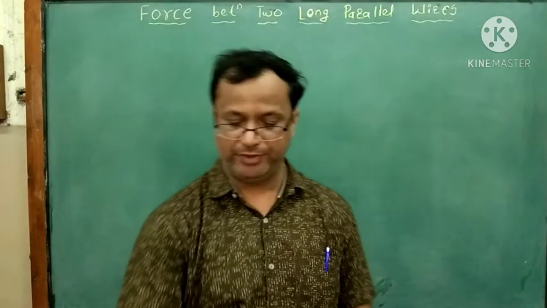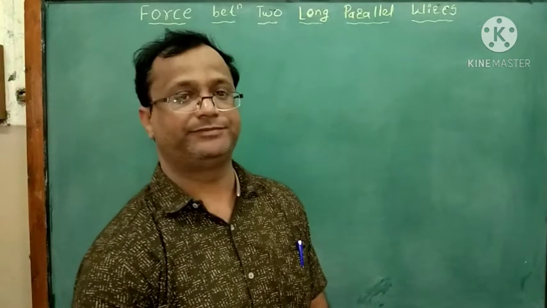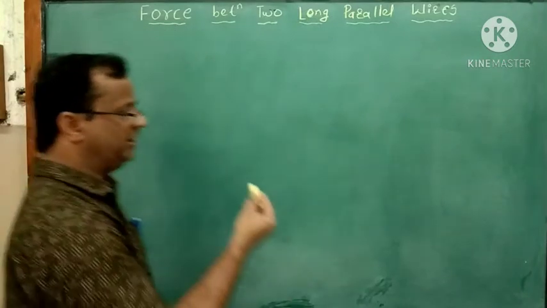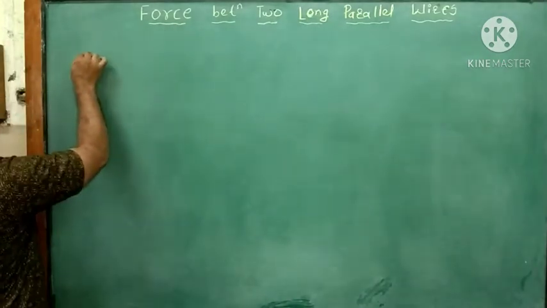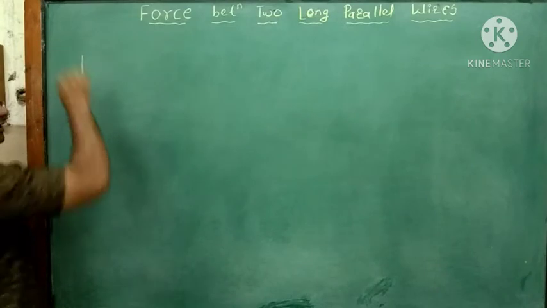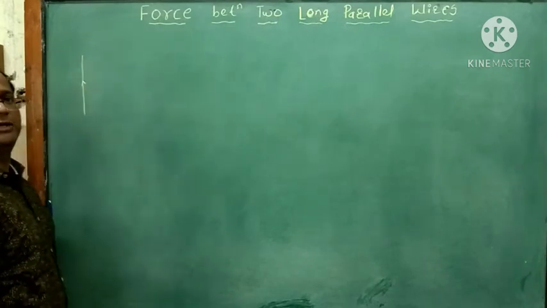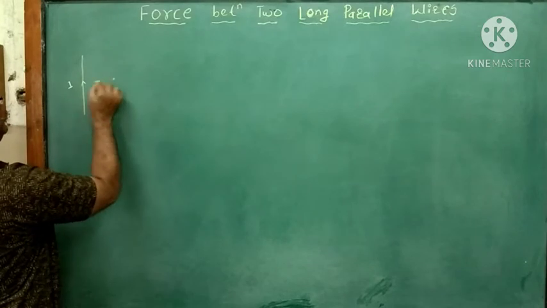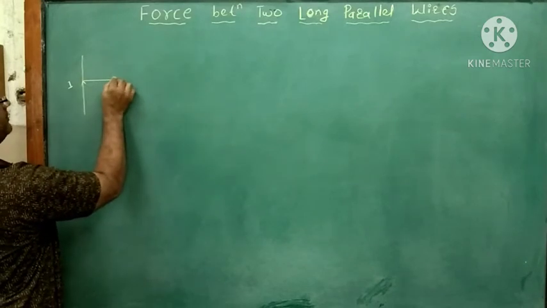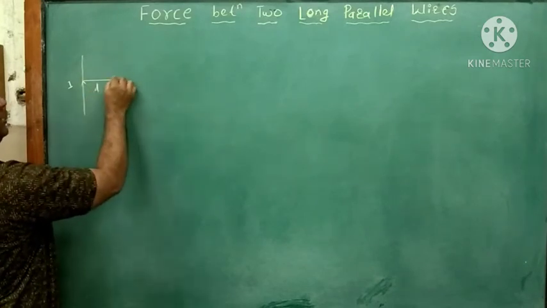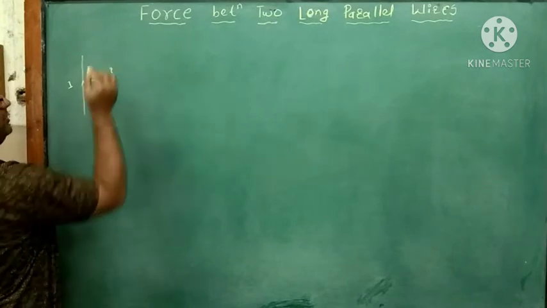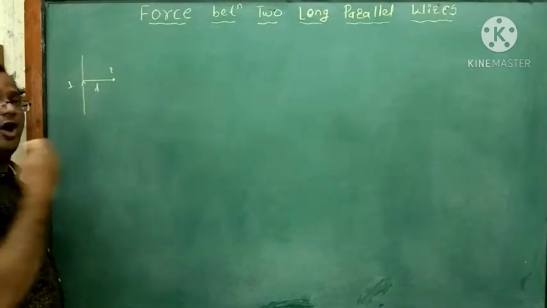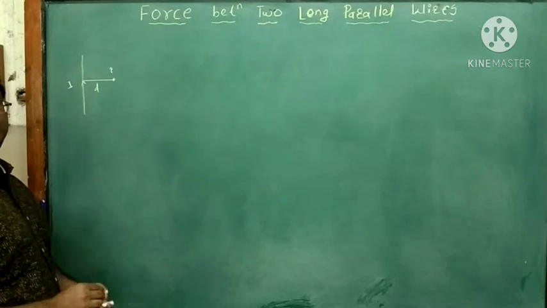For that, first we know that when current is flowing through a conductor, suppose the current is I, then at a distance D, suppose this is the distance D, and this is a point P. At point P, how much magnetic field is produced?